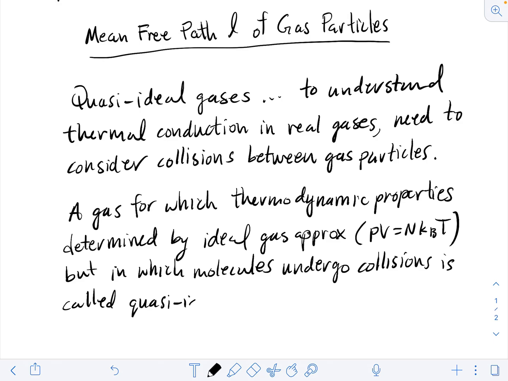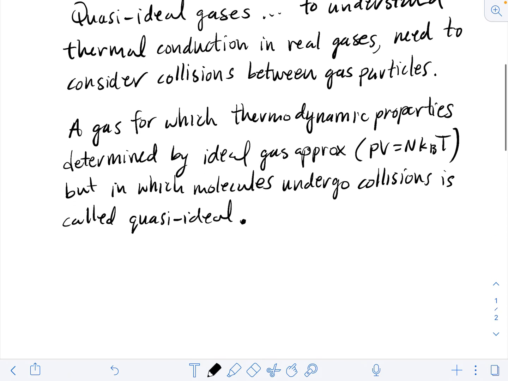So the ideal part of it is that we're assuming that the ideal gas law holds, but usually the ideal gas law considers a very low density of gas so that the interaction between gas particles is very rare and can be neglected. And so we're going to relax that a little bit and we're going to allow for some collisions.